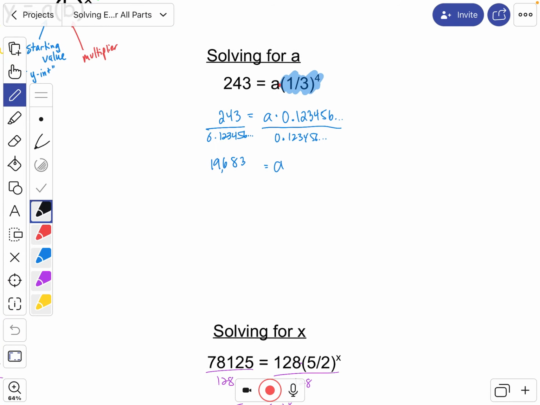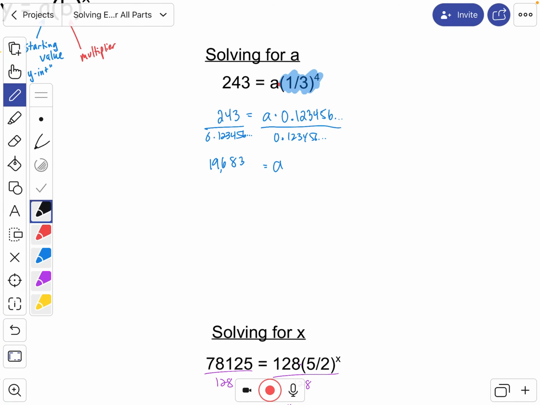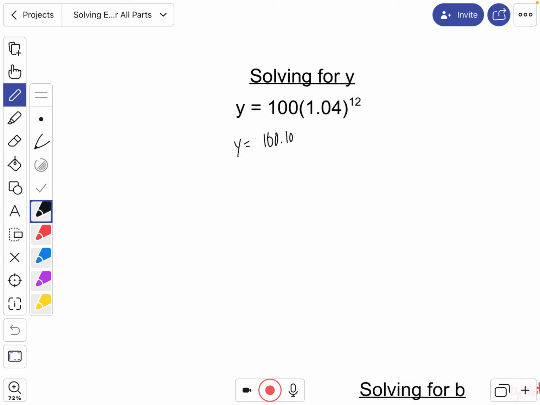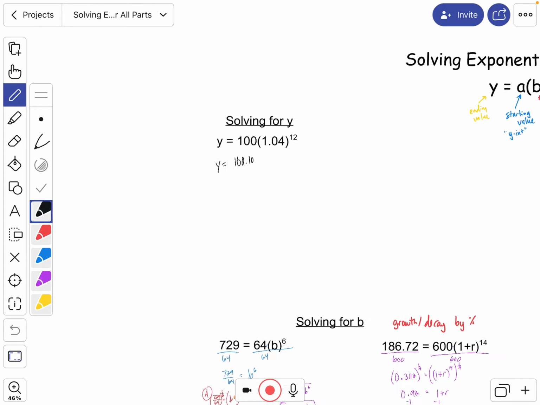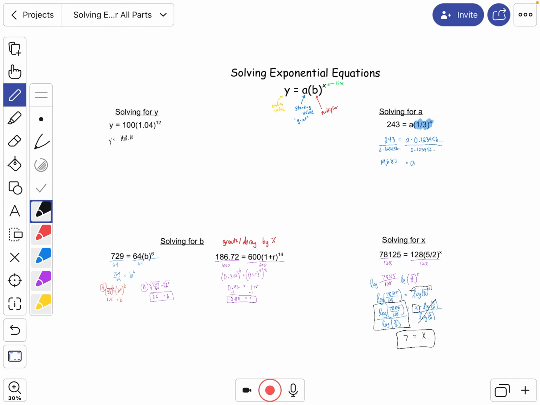If we're solving for a, you just divide by the stuff that you're multiplying by a. And if you're solving for y, just punch it in your calculator. So those are the 4 different options when you're solving an exponential equation. And those are the 4 different possible ways that you could solve it when one of the things is missing.